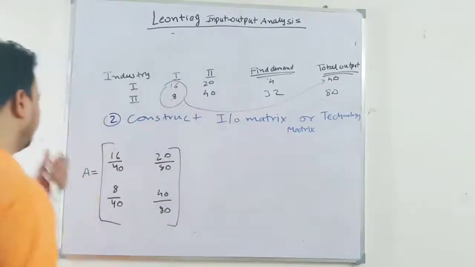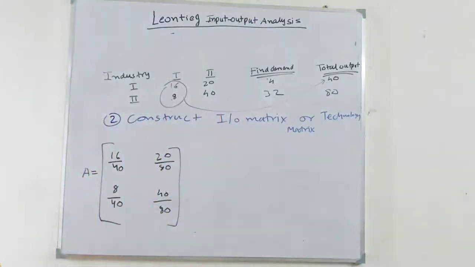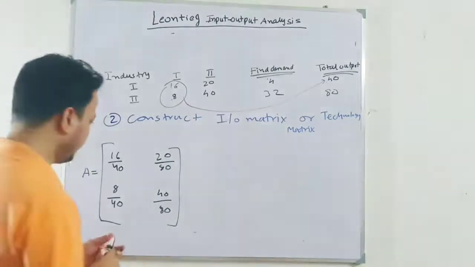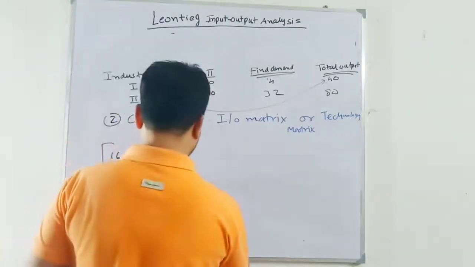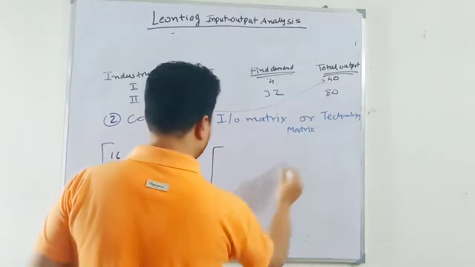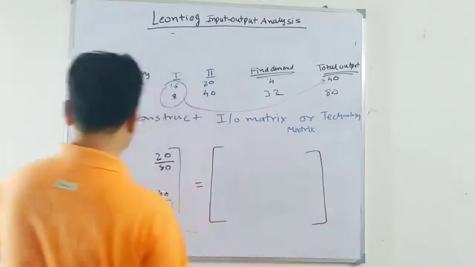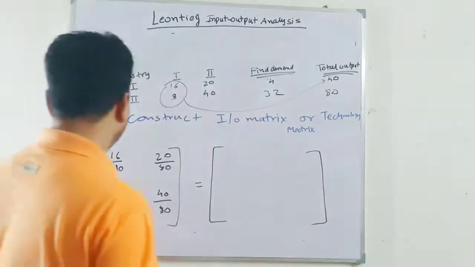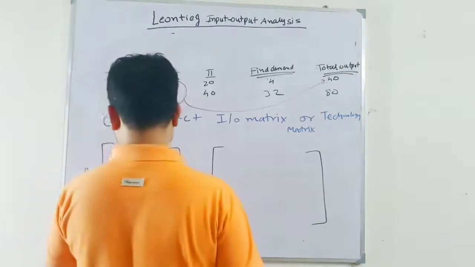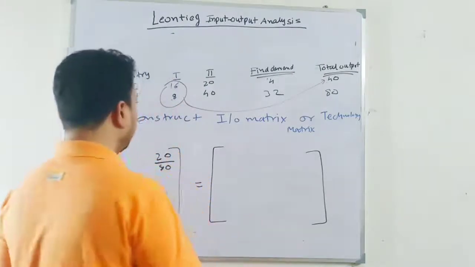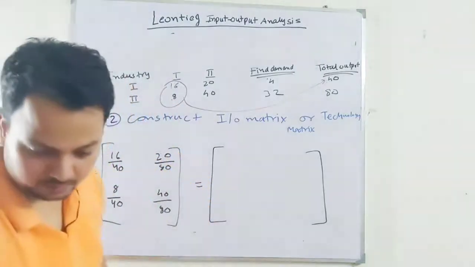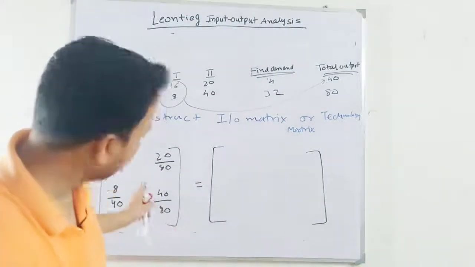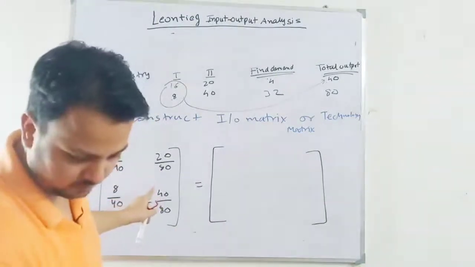Okay, so I got my technology matrix. So let me simplify this one. This you can write as, so let me put from the notes, okay, directly in the number. This is my technology matrix, 16 by 5.